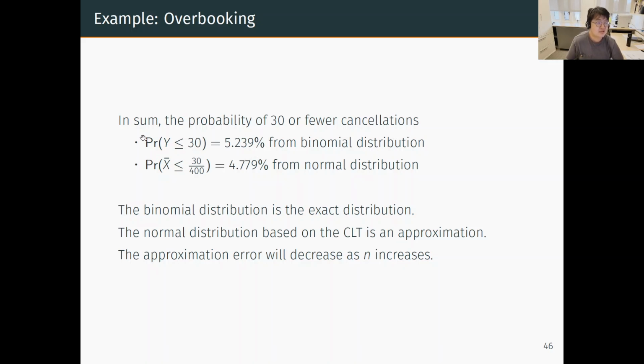It's the correct probability, but we are approximating the binomial distribution with a normal distribution. So the difference is the approximation error, which is less than 1%, about 0.5 percentage points. But this approximation error will decrease if the number of reservations was larger, right? It depends on the sample size, but it's still an approximation.